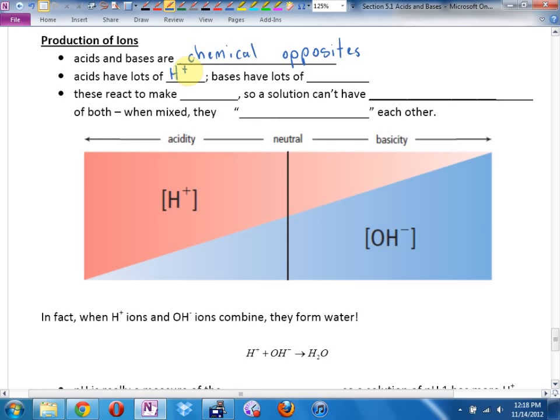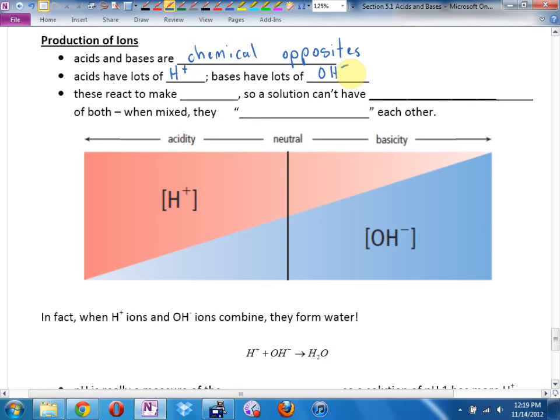Bases have a whole bunch of OH negative, hydroxide negative ions kicking around. If you take OH negatives, hydroxides, and H positives, protons, and you mix them together, they combine.